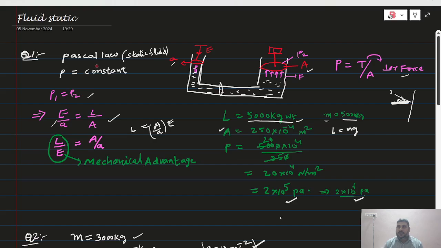It means that Pascal's law is only valid for static fluid, that is, fluid at rest. So when fluid is at rest, the pressure applied at this point on this area is equally distributed to this point. That means pressure here is equal to pressure here.